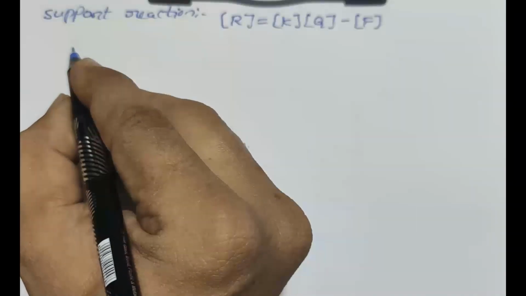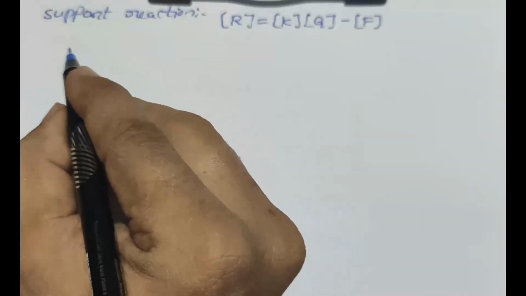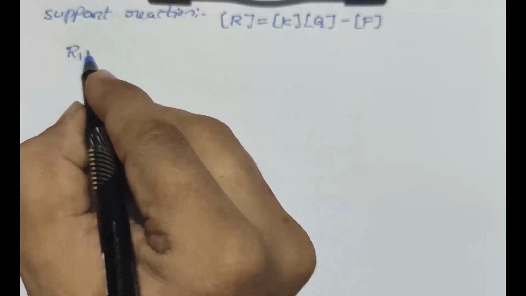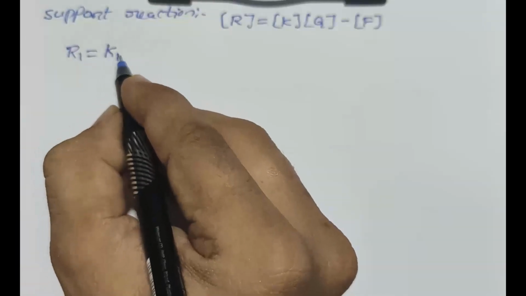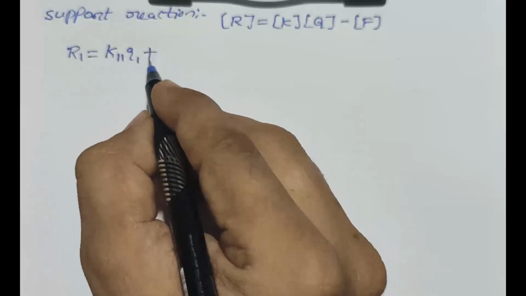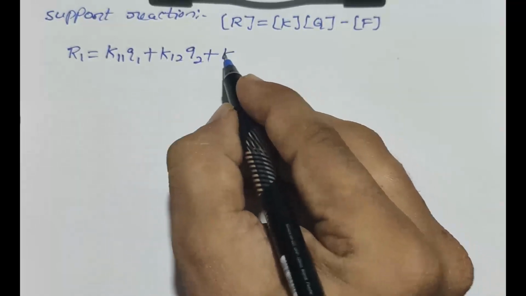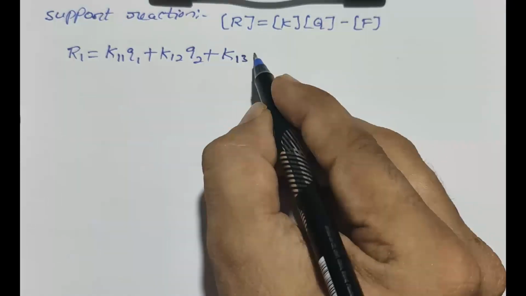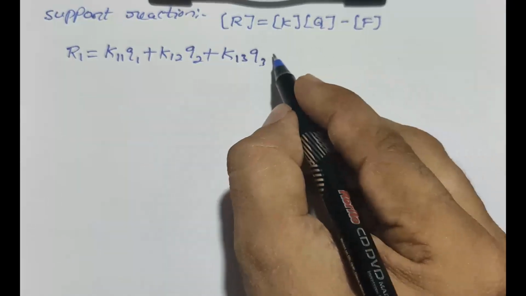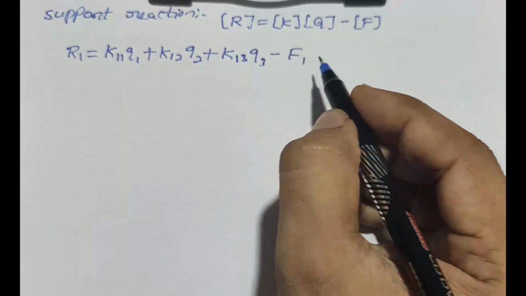So the reaction at the first support, at node number 1, R1 is K11 Q1 plus K12 Q2 plus K13 Q3 minus F1.